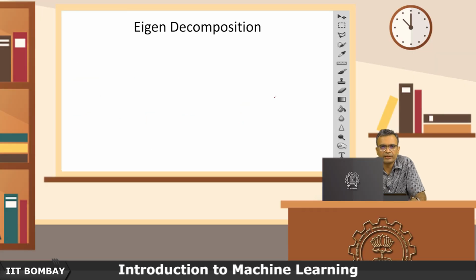Now, let us look at another property of square matrices, which is eigen decomposition. Let us say you have a square matrix A, which is of dimension n cross n. Okay.